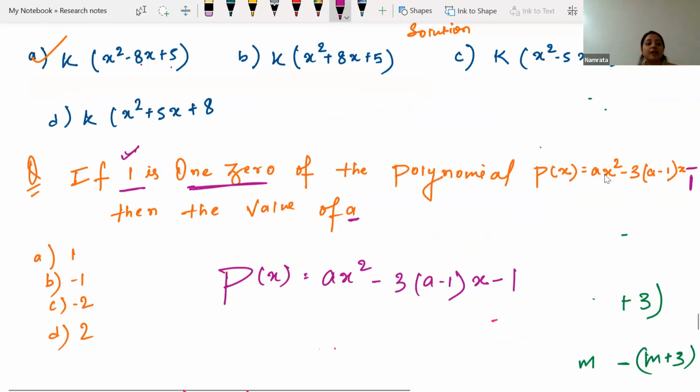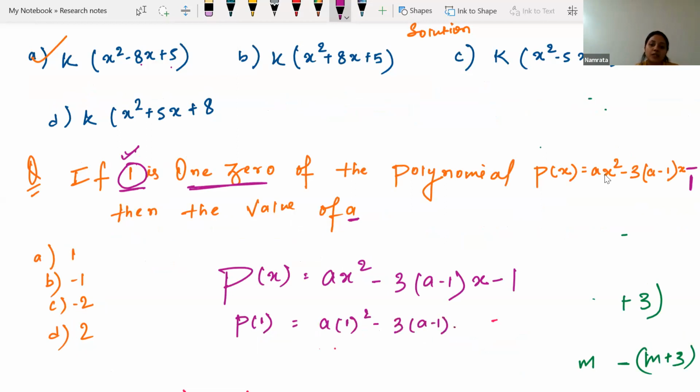So if 1 is one of the zeroes, then when we find p of 1, it will be a times 1 square minus 3 times a minus 1, and x is 1 only, minus 1. This will be 0 because 1 is the solution. 1 is the root of this polynomial. So when we substitute its root, the remainder will come out as 0.